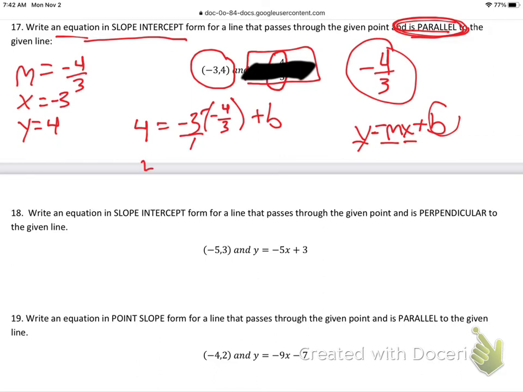So I would get 4 is equal to -3 times -4 is going to be 12, and then 1 times 3 is going to be 3. Now that's going to reduce, so it's going to be like 4 is equal to 4 plus b.